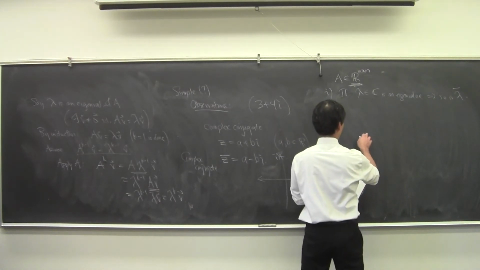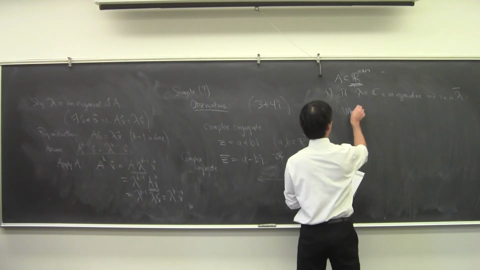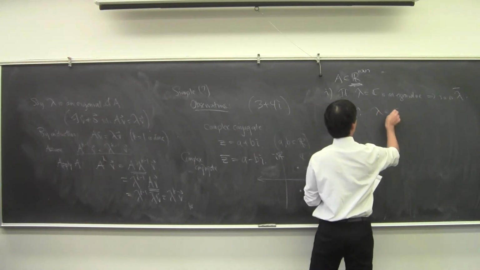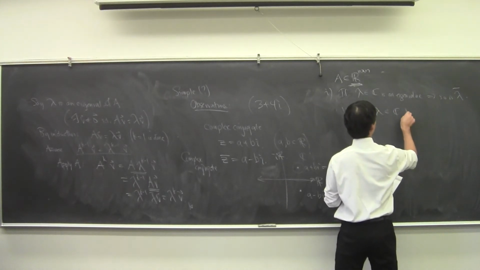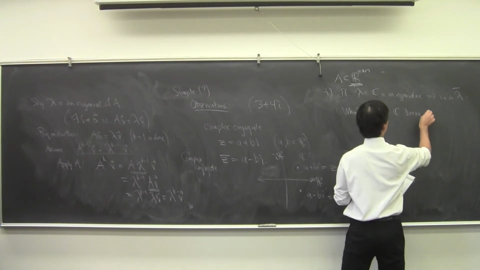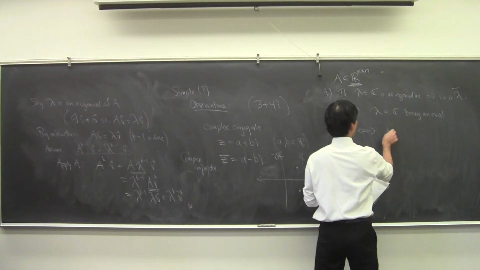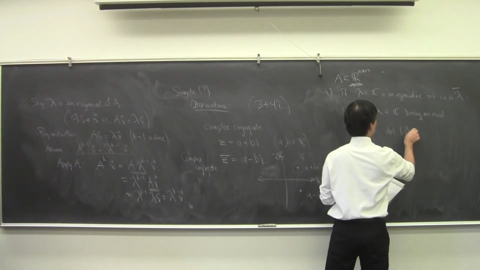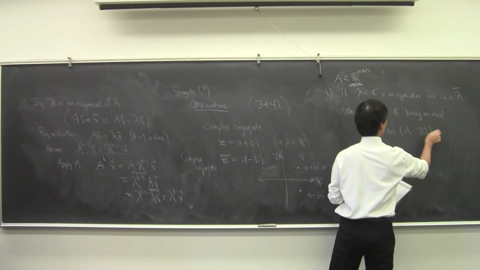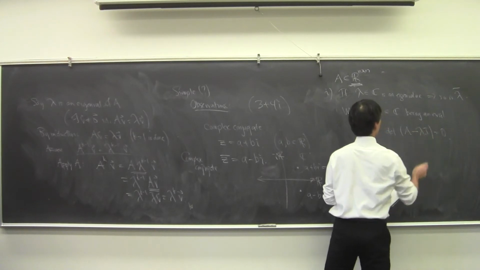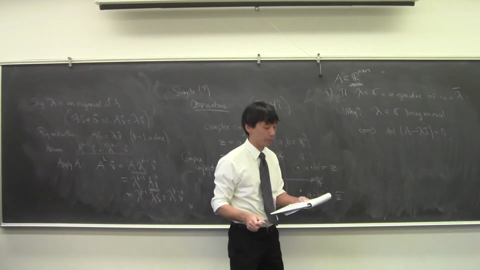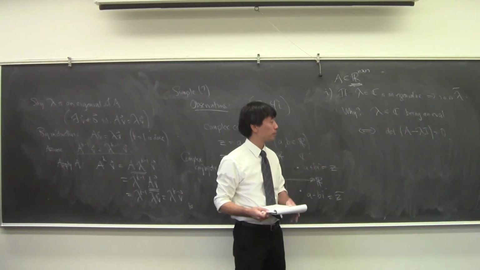Okay, so why? Lambda being an eigenvalue is equivalent to saying that the determinant of A minus lambda I equals 0.